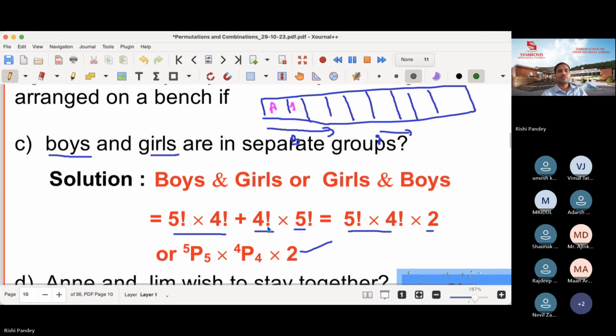Okay, clear? Either the boys take the first positions or the girls take them. So both are right, and we have 2 more, meaning the boys and girls can change their position. That is factorial 2, or you can write 5 4 and 4 5, 2 times, and add, and you will get this one. Got my point?